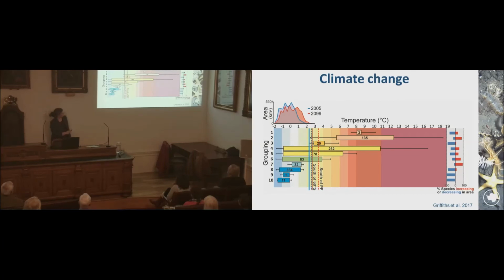In 100 years' time, this temperature of about 2 degrees is shifting to 3, and the polar front from 2.5 to about 3.5 degrees. So that shift by 1 degree in temperature is changing the composition of the Southern Ocean marine species. Most of them have a decreasing area. So they will be pushed further to the poles, and the region they live in will be smaller.